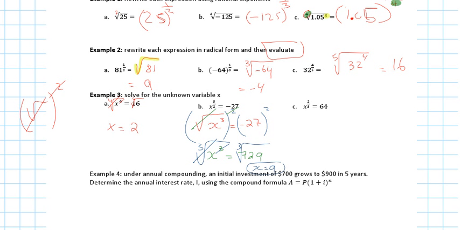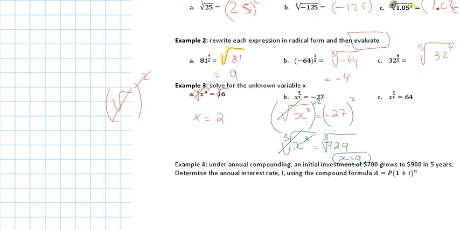Now here's another way, right? If you are thinking about if you want to do this first, so you might have done this first, right? You want to get rid of the cube, then you cube root first, right?